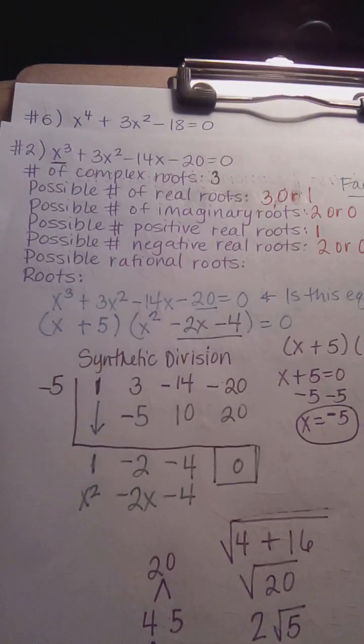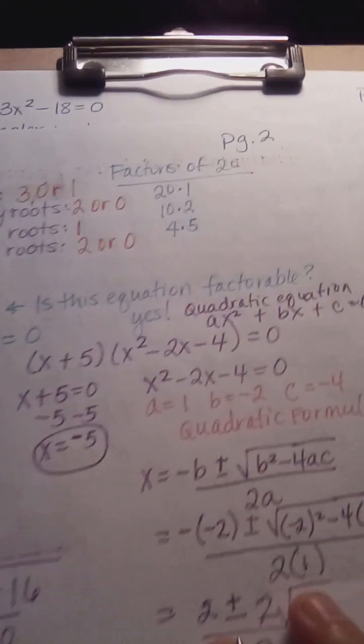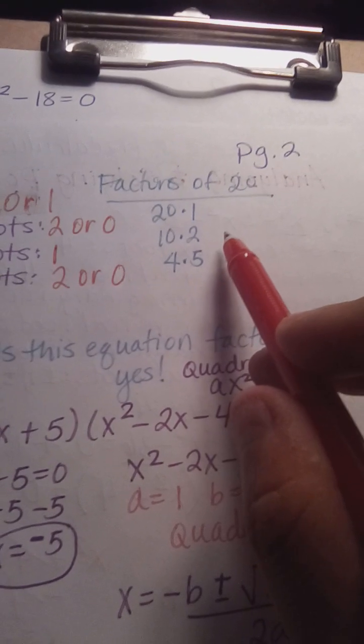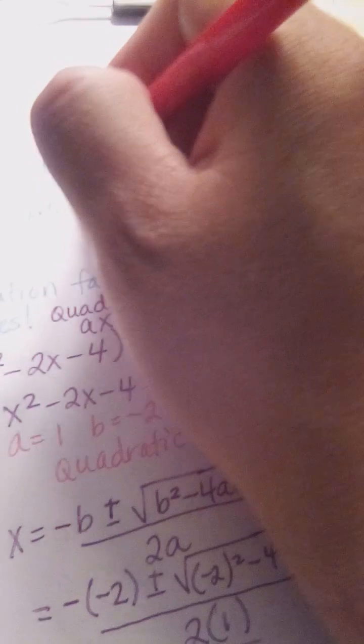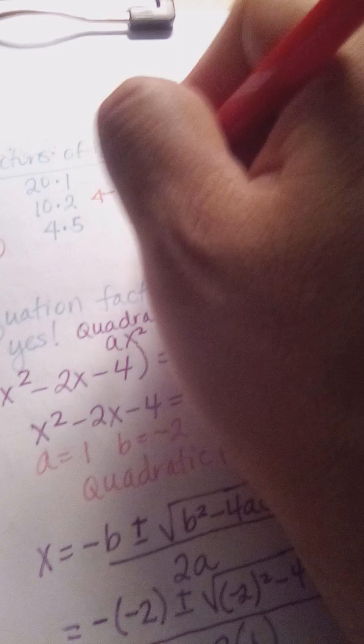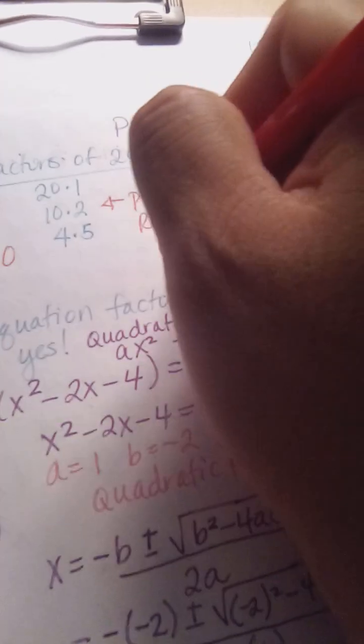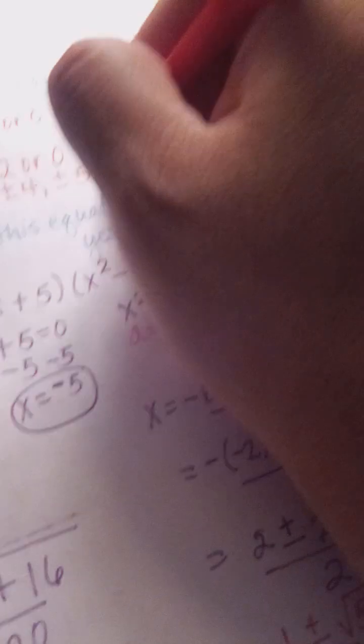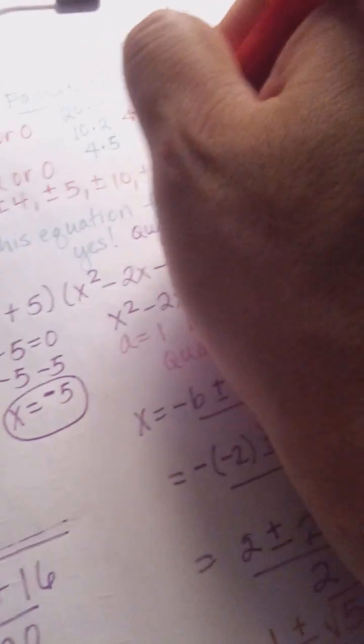All right. Let's look at the positive rational roots. Remember this from the last problem? Those are your possible rational roots. Let's do this. Positive or negative 1, positive or negative 2, positive or negative 4, positive or negative 5, positive or negative 10, positive or negative 20.